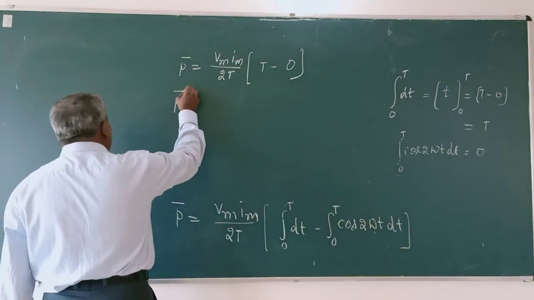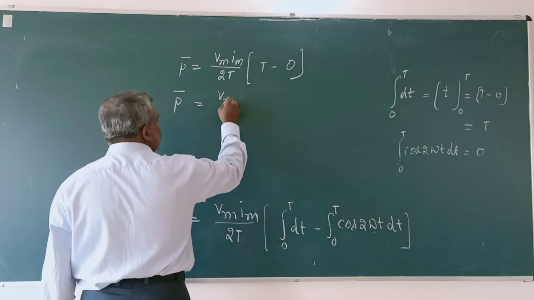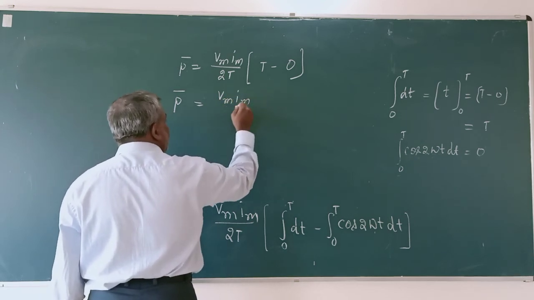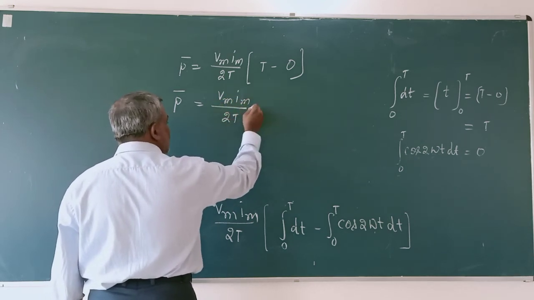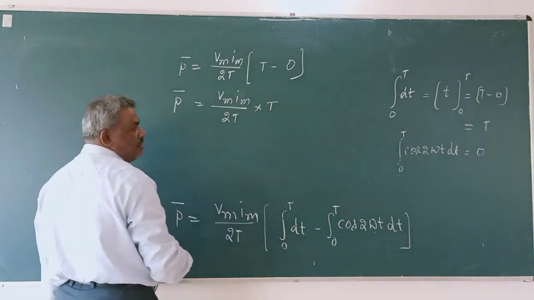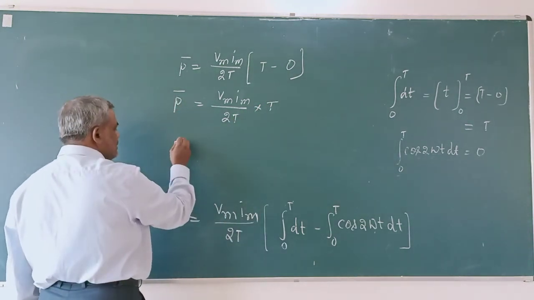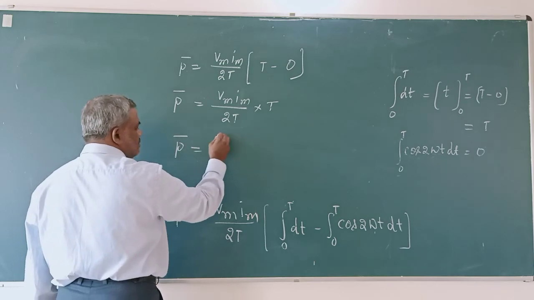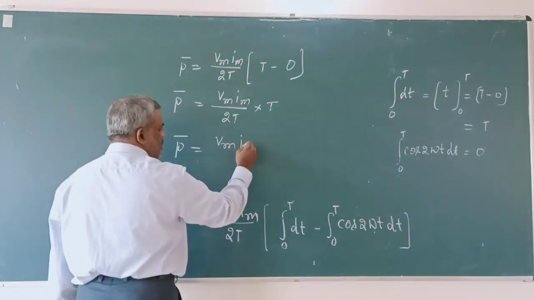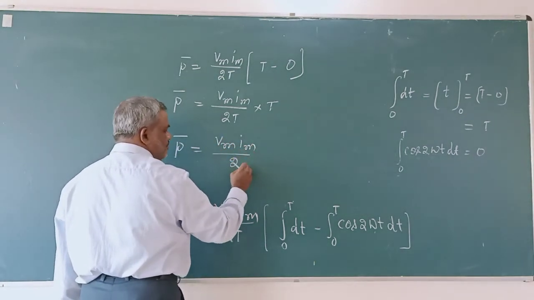So average power P equals Vm Im by 2T into T. Now capital T cancels. The average power P equals Vm Im by 2.